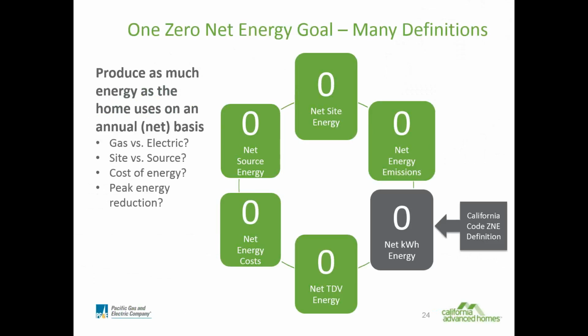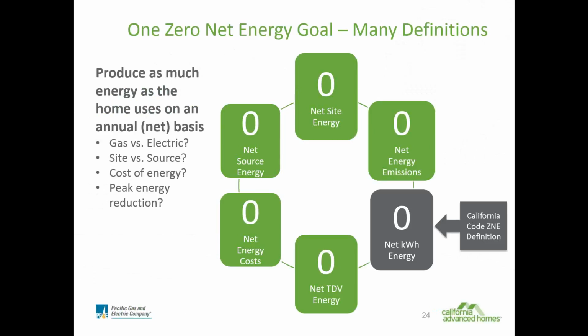Before, the old definition of net TDV energy meant that at zero TDV energy you had to produce as much energy as you consumed in TDV, and that included gas. Now this new definition excludes gas, so it makes the amount of solar that would have to be put on a house smaller.